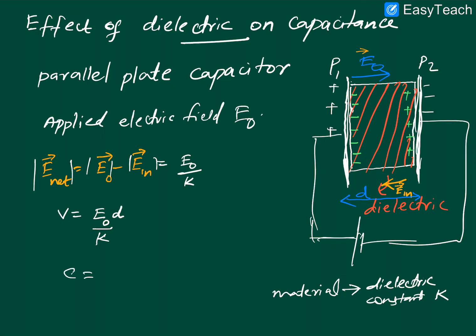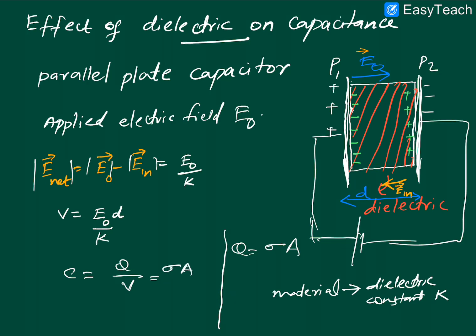What is capacitance? C is equal to Q by V. And we already explained, if the surface charge density is sigma, that is in unit area, if sigma charge is there, then in total area there will be sigma into A charges. So Q is equal to sigma A. We explained this in the first chapter, and we used the same thing in the last discussion also.